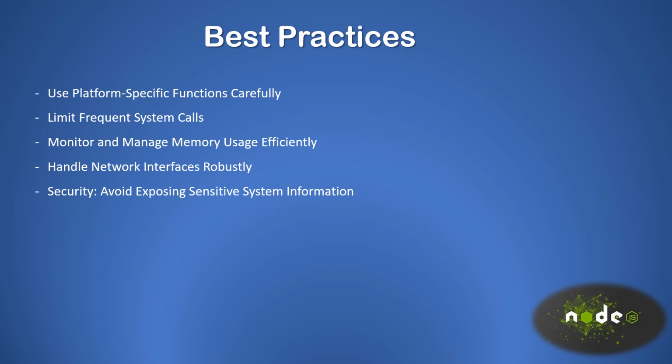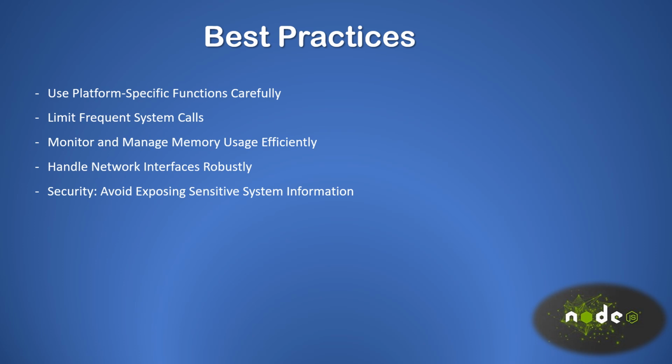So always check the platform using os.platform before invoking platform specific methods. The second one is to limit frequent system calls like freemem or cpus, which can be resource intensive if you call repeatedly. So cache results or reduce the frequency of calls to prevent performance issues.